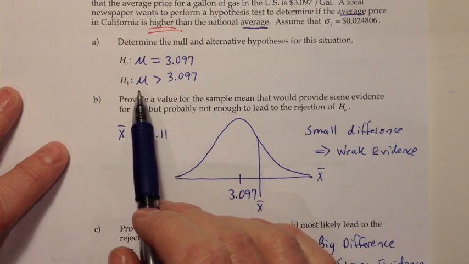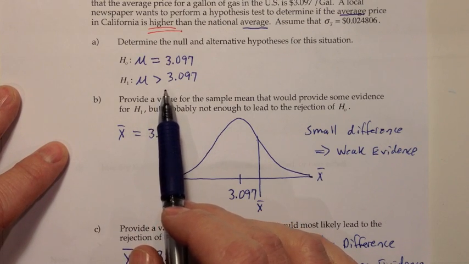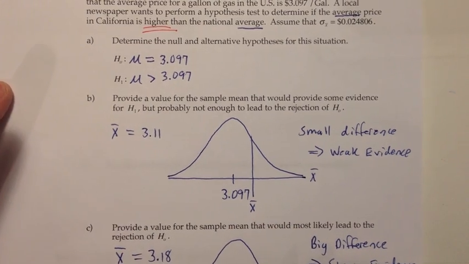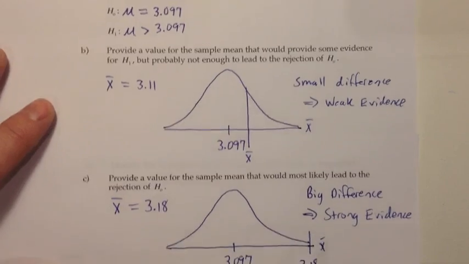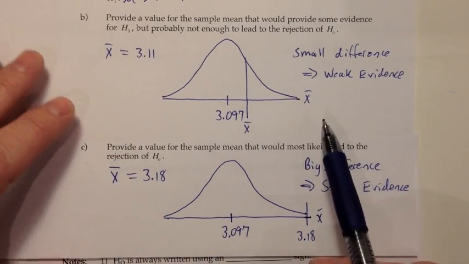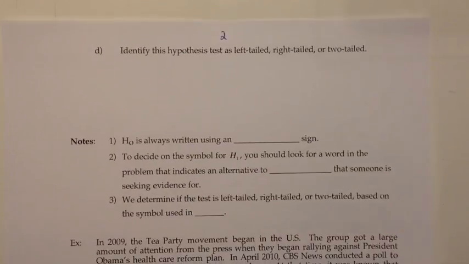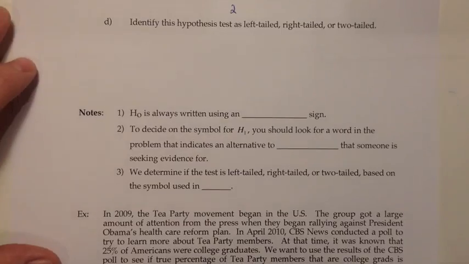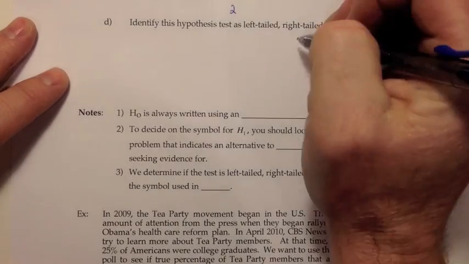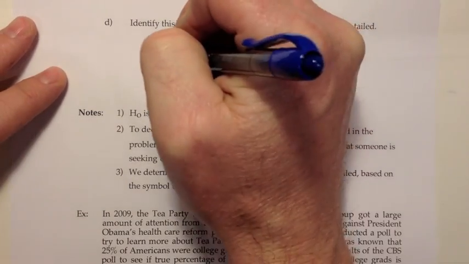So when you're doing a greater than for your alternative hypothesis, in order for your data to support your claim, you have to get an X bar that lands on the right hand side. And so because of that, whenever our H1 is a greater than, we're going to say that we have a right-tailed test.